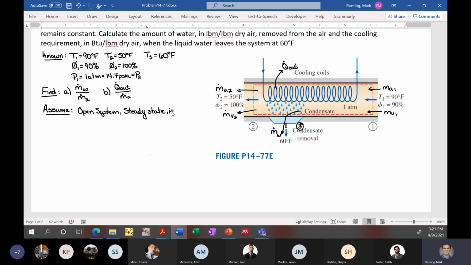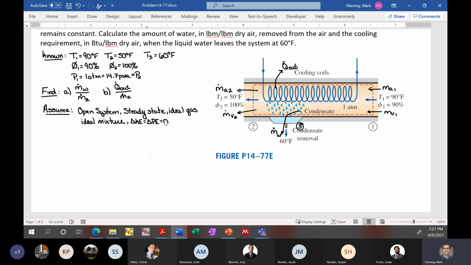We'll note that we have an ideal gas setup for the air, and we'll assume that it's also an ideal mixture. So we can make those assumptions. We'll note that we want to ignore the kinetic energy and the potential energy of the gas.